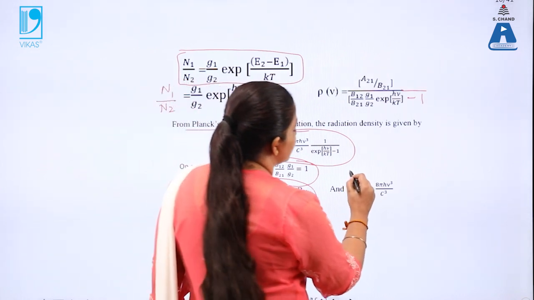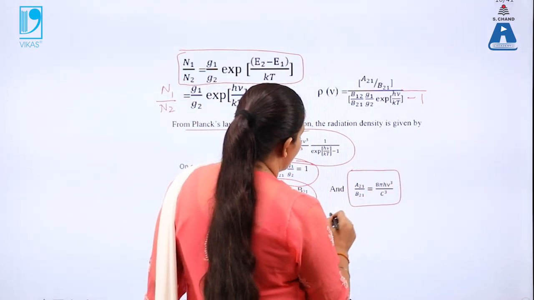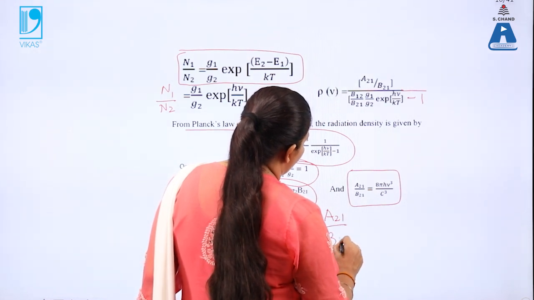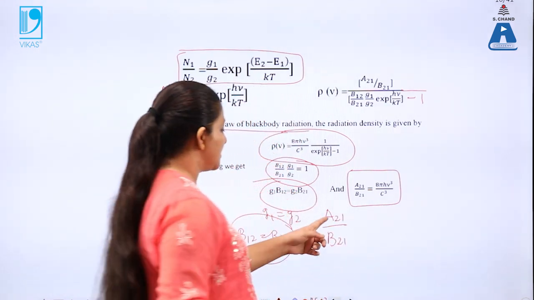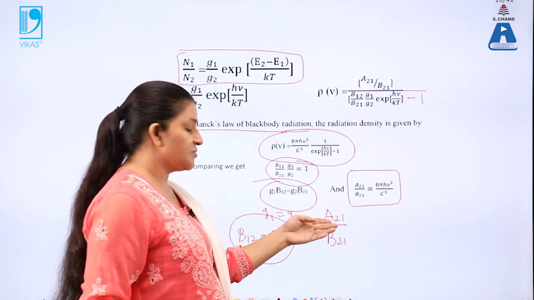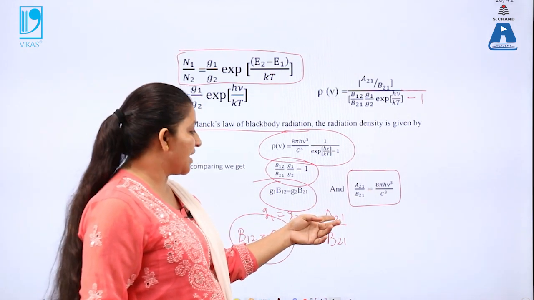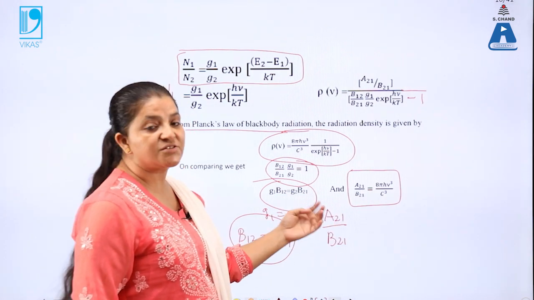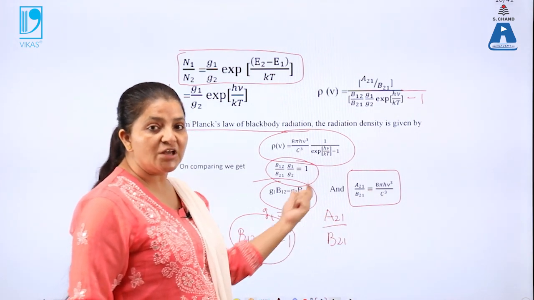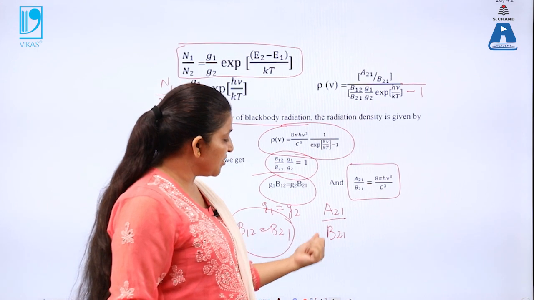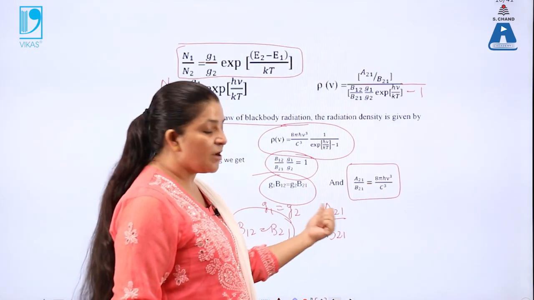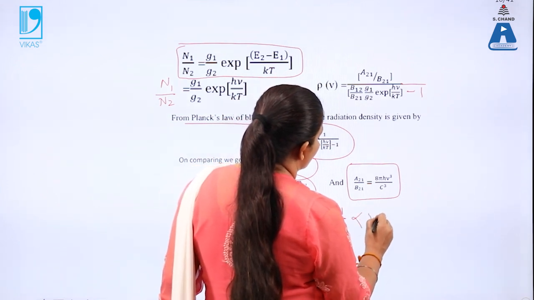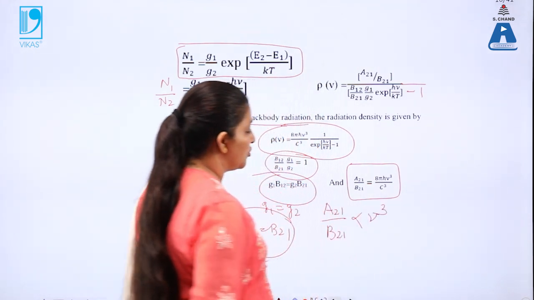Now in the second case, what is A21 over here? That is A21 upon B21. What is A21? That is the number of atoms which are moving from the excited state to the ground state on their own, without any external force. That is spontaneous emission. So this is a coefficient related to stimulated emission, meaning they are related to each other and proportional to nu cube. What is nu cube here?